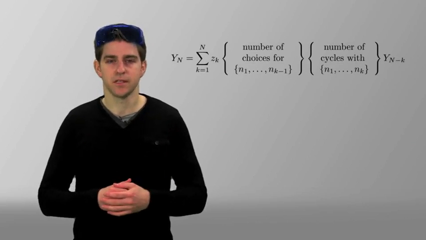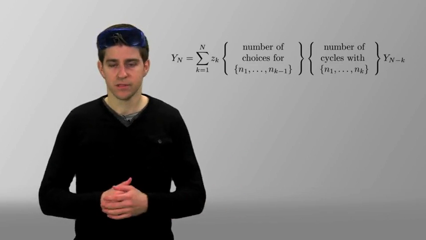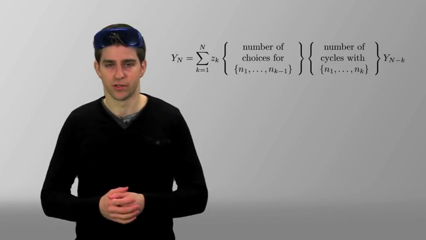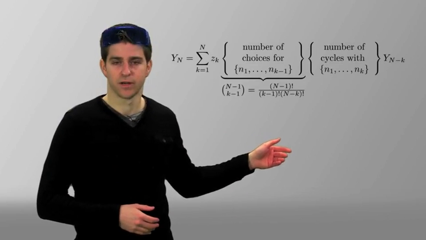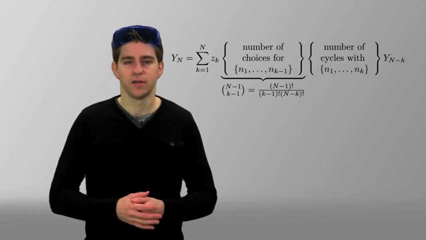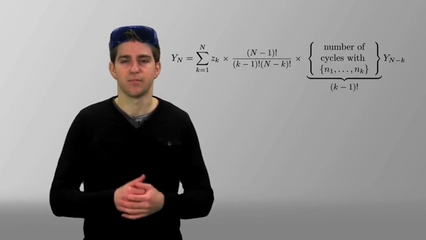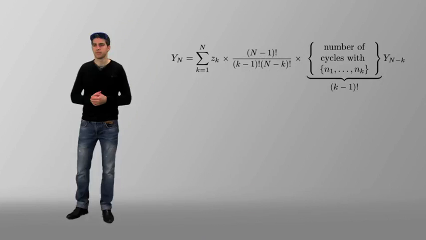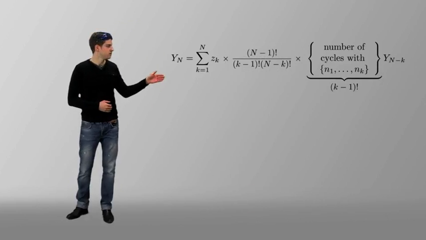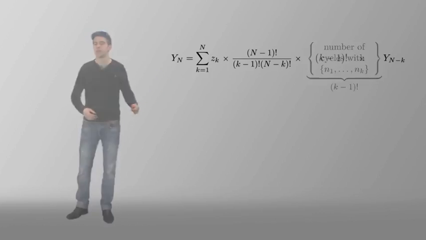It is easy to see that these different terms give, for the number of different choices, this combinatorial factor, and the number of different cycles is (k-1) factorial. This finally leads to the expression shown here.